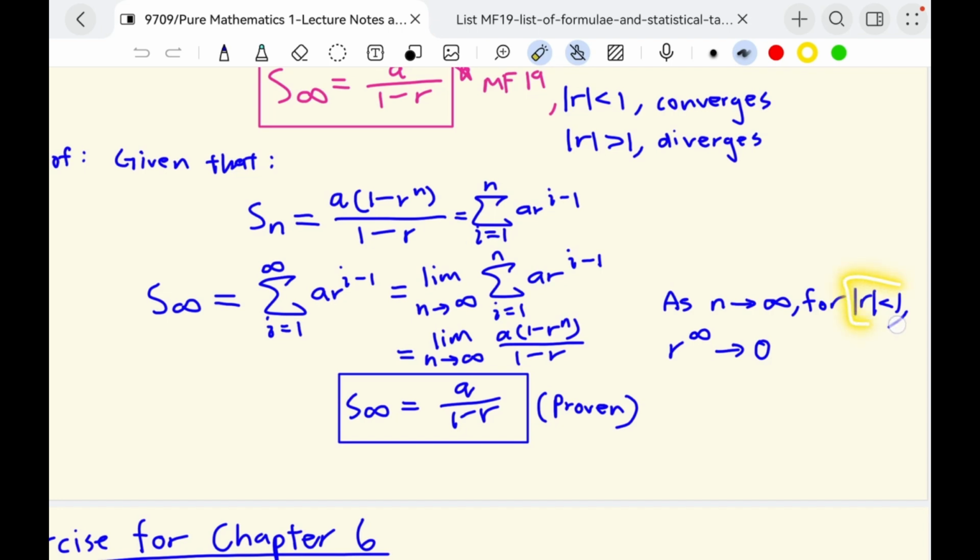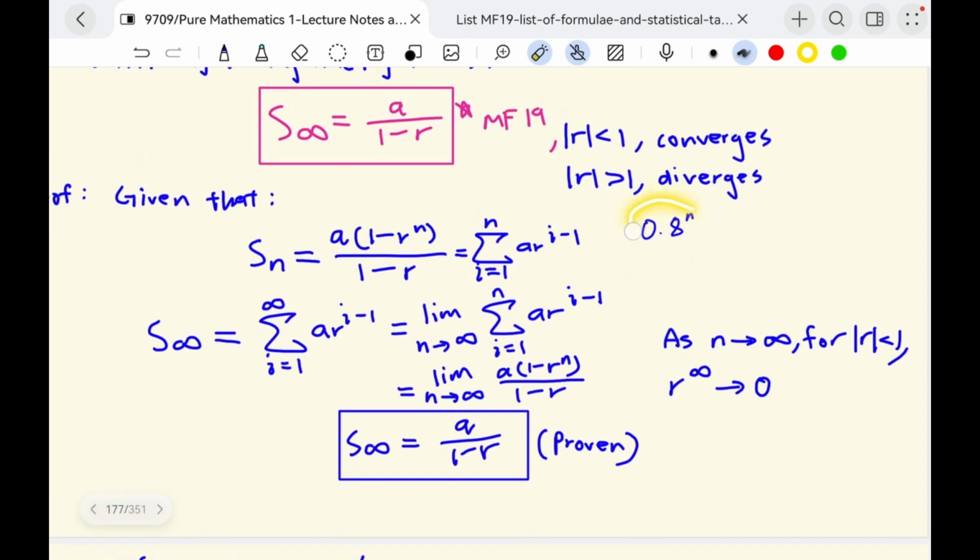This is only for when the modulus of r is less than 1. You can use your calculators to evaluate it yourself. Let's say r is 0.8 to the power of n. As n tends to a larger value, how does this number change? Of course it gets closer to 0 as n becomes bigger and bigger, right?